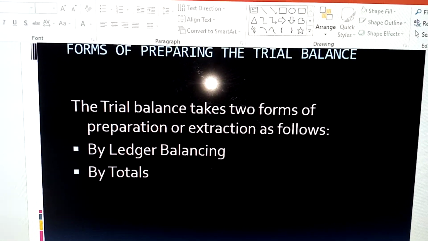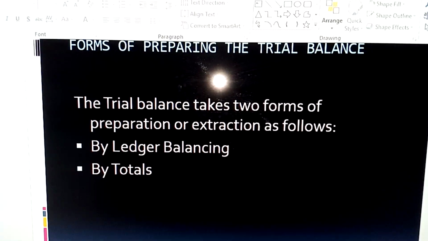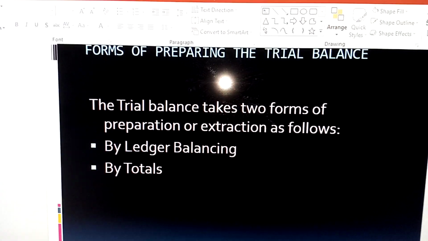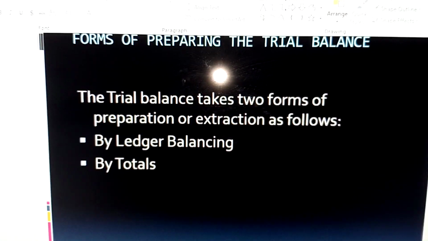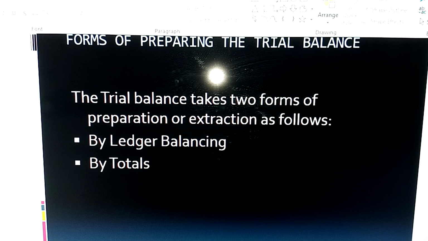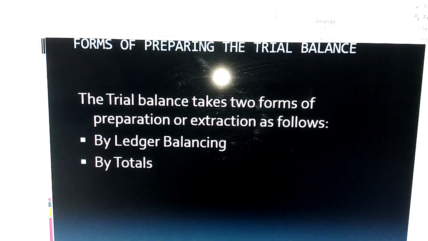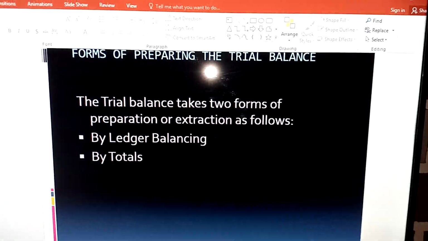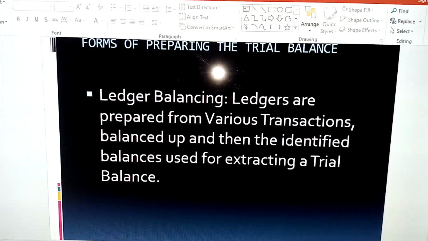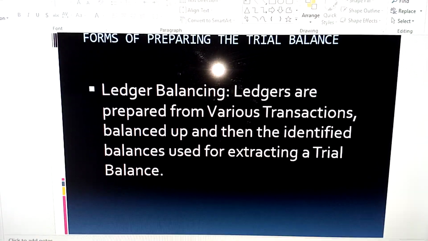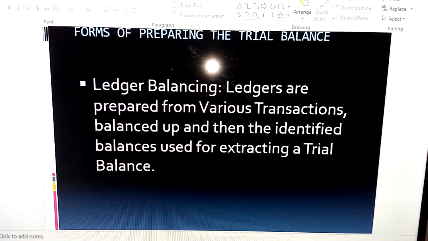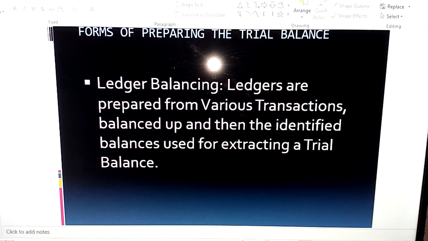Preparing the trial balance takes two forms. The first form is by ledger balancing, and the second form is by totals. I already said that preparing the trial balance takes two forms, by ledger balancing or by what?